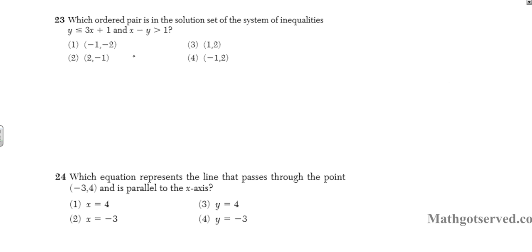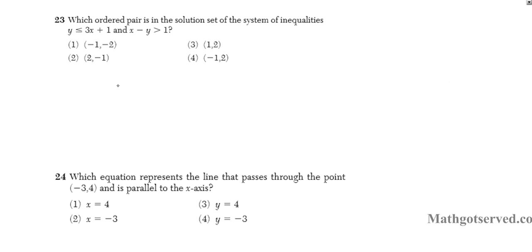One way we can solve this is by graphing these two inequalities and then seeing which point resides in the region, which will take us some time. But we can also do this by testing each point to see which generates a true statement in both substitutions. So I'm going to use a test approach. It's a little bit more efficient than actually graphing, but we can also graph too. Okay, so let's do the test.